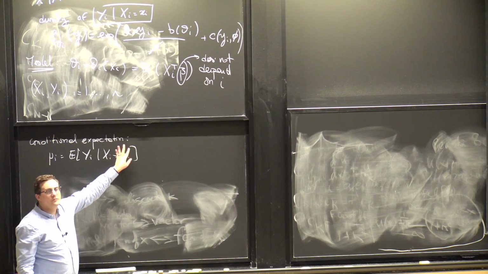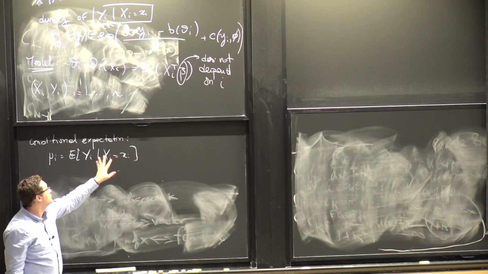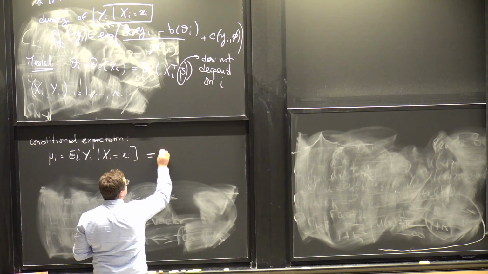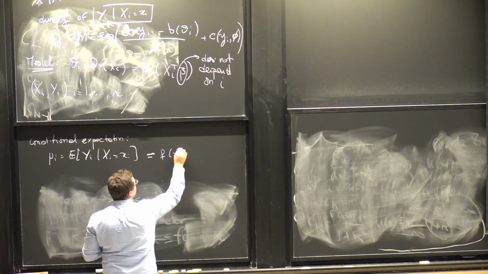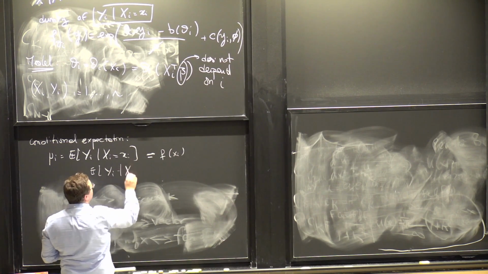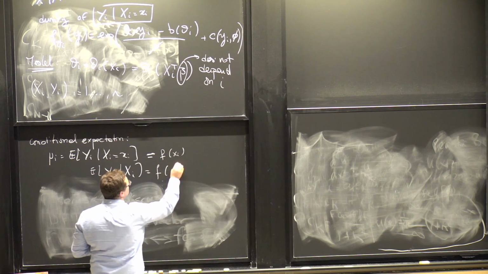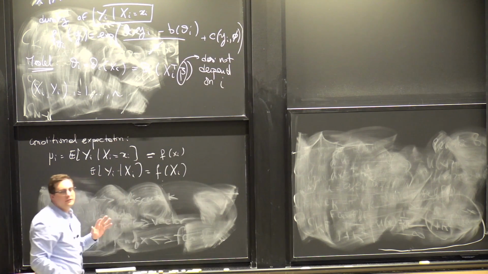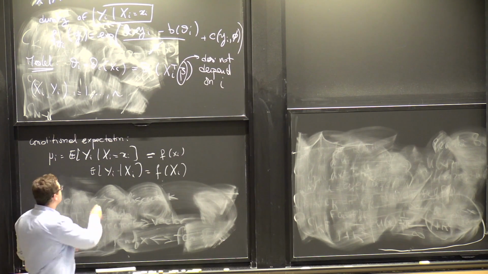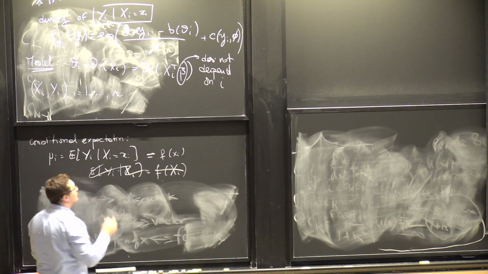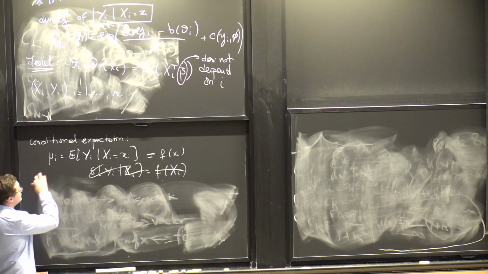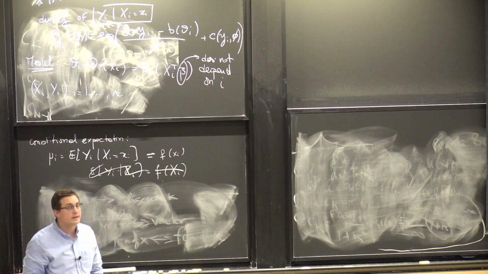You can forget about this part if you find it confusing. It really doesn't matter. It just means that this is a function of little x_i, but if I only had the expectation of y_i given big X_i, this would be just a function of big X_i. So it really doesn't change anything. It's just a matter of notation. So this is just the conditional expectation of y_i given x_i.